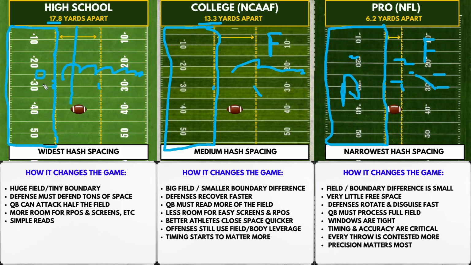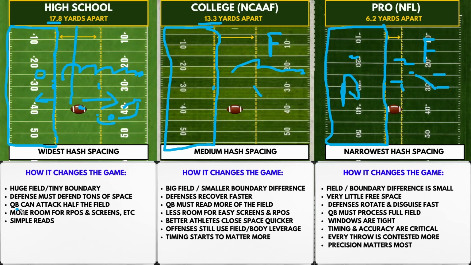If you're playing defense, you have to guard people all across the field. So there's a lot of room for RPOs, which would be run pass option, which would be a package play where there's an option to run the ball or to pass it. Screen pass, you might throw a screen, have the ball here, throw a pass here, and try to run and get into space to stretch the defense across horizontally, which would be left and right across the field.